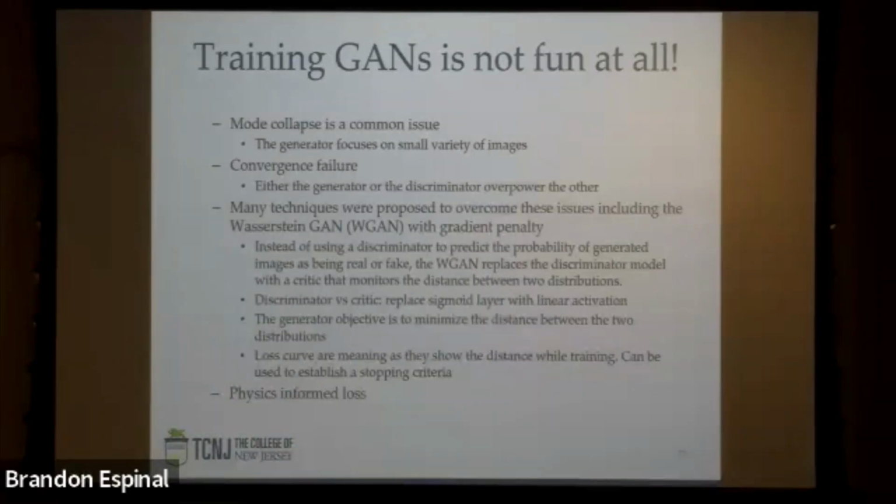So one is with traditional GANs, which is part of what cycle GANs try to solve. With traditional GANs, a lot of times the generator just ends up figuring out, oh, there's a couple of images that are definitely in the data set. So if I just make everything look like those images, then the discriminator will think it's real because that's in the data set, and I don't have to worry about anything else.